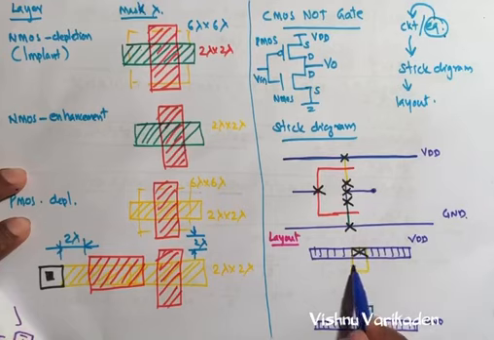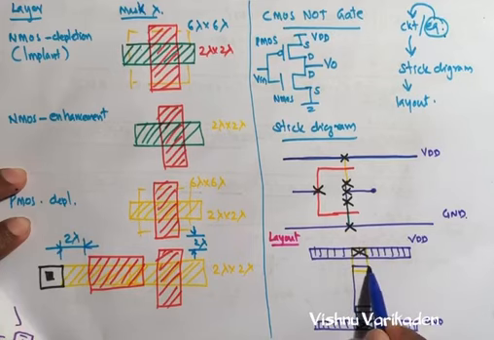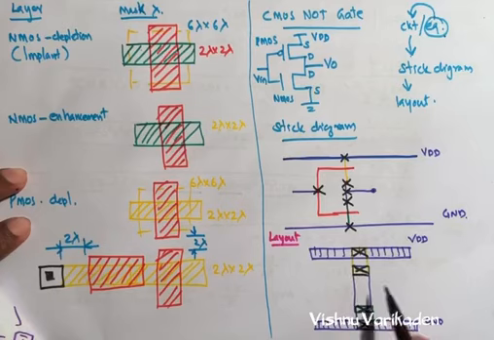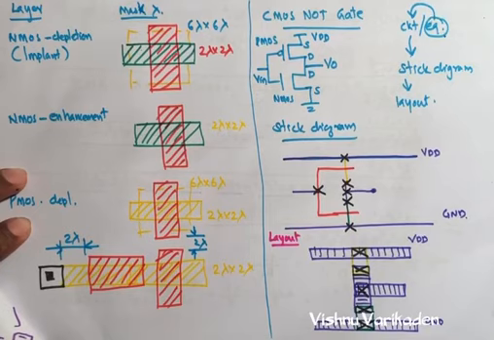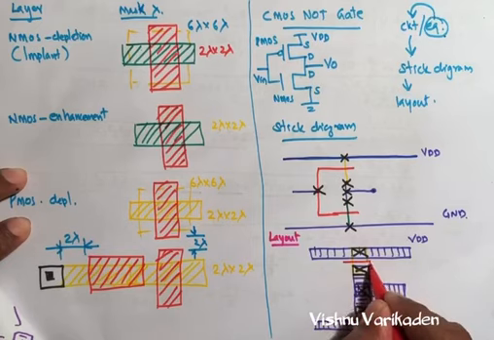So the next one is we can make the metal. This is our metal, just touching each layer. So we can also make the metal 1. So this is also another metal at the output. So we can make the contact. So from this we can make the polysilicon.